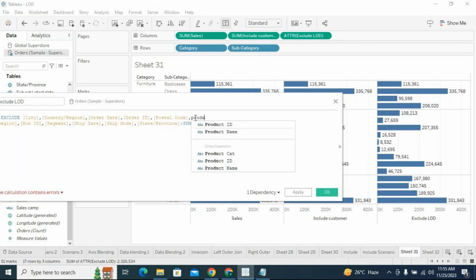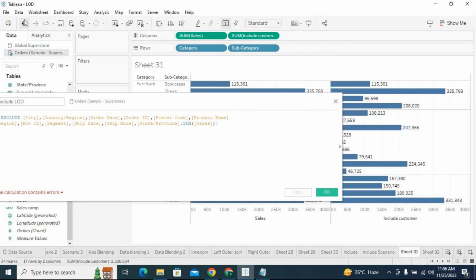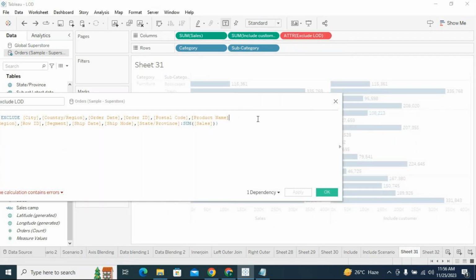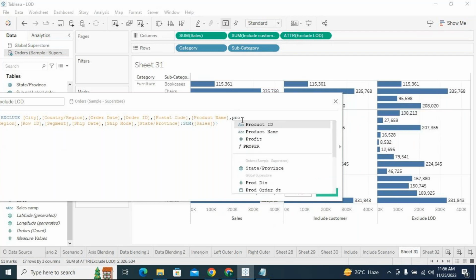We'll test this. We have to mention comma. Okay, it is returning the same. Product ID as well.